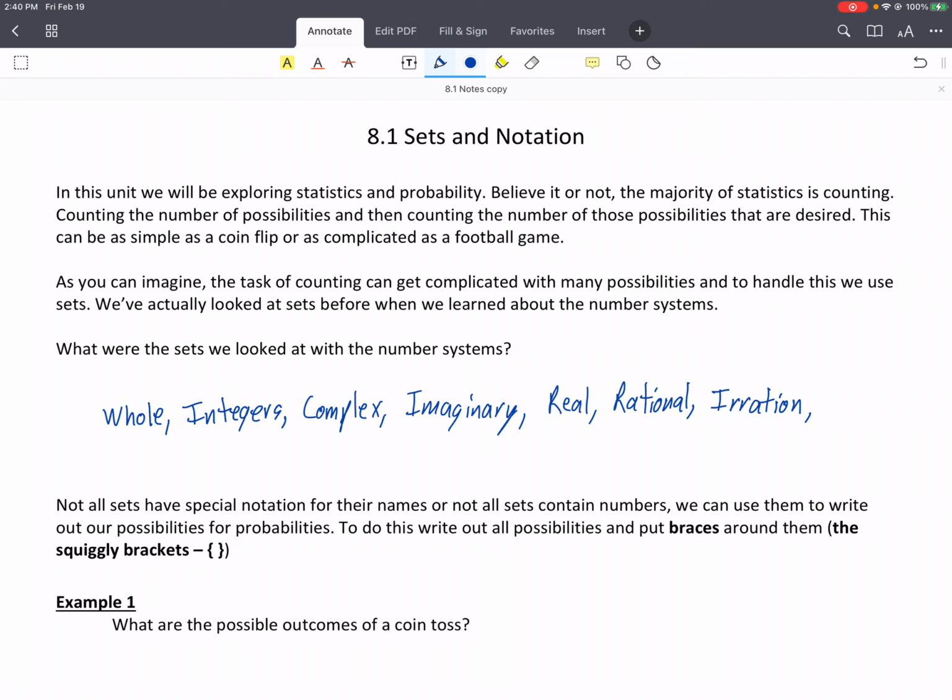Feel like I'm missing one in there, but with each of those, they were different sets, and we had special letters for all of these.